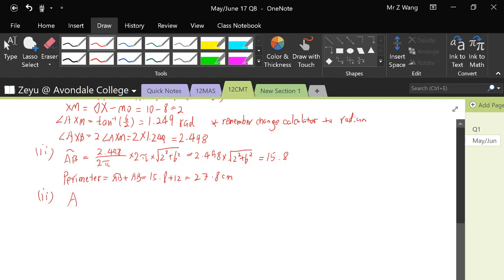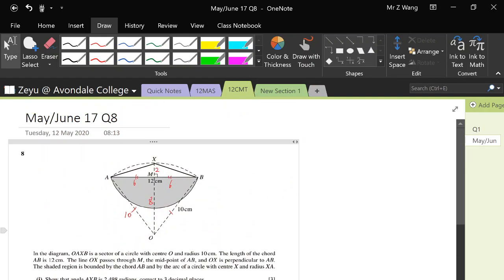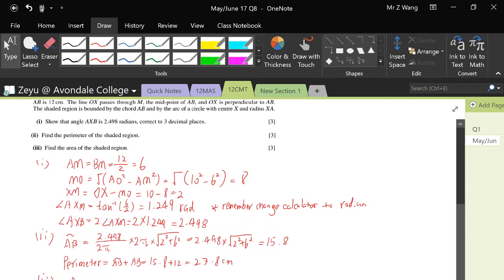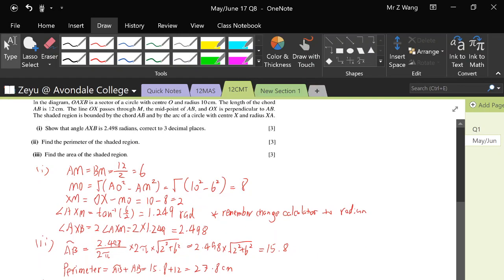So area of sector AXB equals, we're still going to use this, 2.498 over 2 pi, and instead, we times it by pi r squared. So this is just 2 squared plus 6 squared.